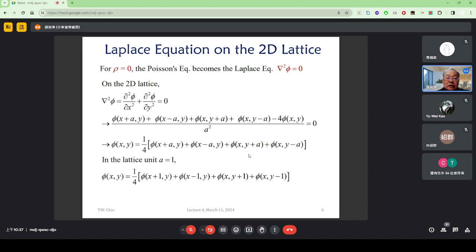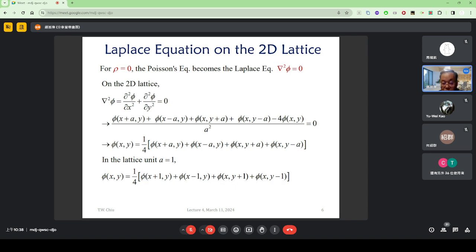The equation Laplacian phi equal to 0 will give me this equation for phi at x, y. That means if phi satisfies the Laplace equation, then phi at any site would be equal to the average of its neighbors. So this is phi at x plus 1, x minus 1, y plus 1, and y minus 1.